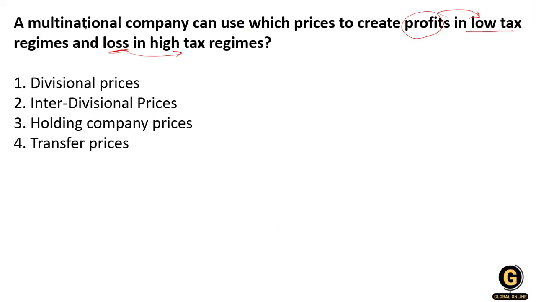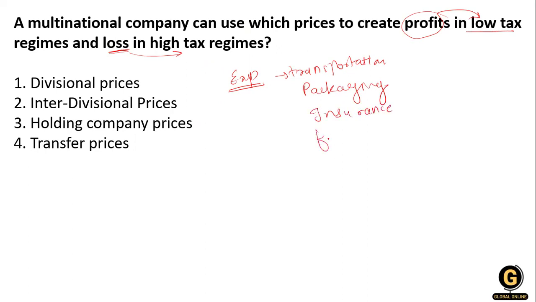So it's talking about the multinational company. A multinational company has many expenses to transfer from one country to another country. What kind of transfer expenses do they have? They have transportation expenses, packaging, insurance, rent, custom fees, etc. These expenses are borne by the multinational company.